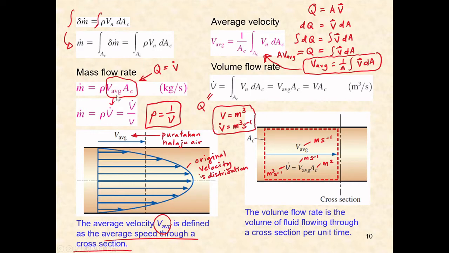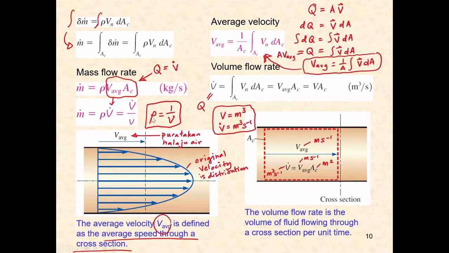This can also be simplified further, because we know that V_avg multiplied with A_c is basically the flow rate, so we can replace it with V dot. Then you get m dot, the mass flow rate, equals the density multiplied with the volume flow rate V dot, which equals V dot divided by the small v, and this small v refers to the specific volume.